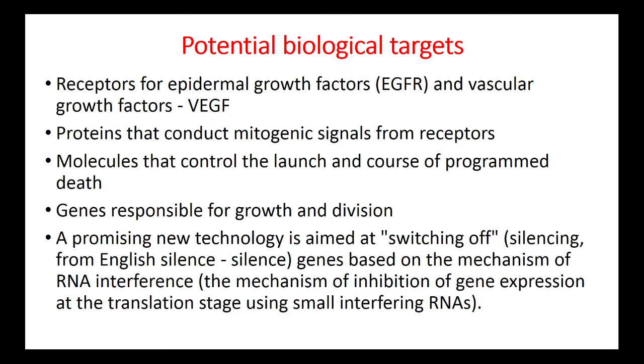What can we use as potential biological targets? About these targets we spoke in the previous lecture. It is a receptor, a ligand, a primary messenger, a second messenger, signaling pathway proteins, and transcription factors.